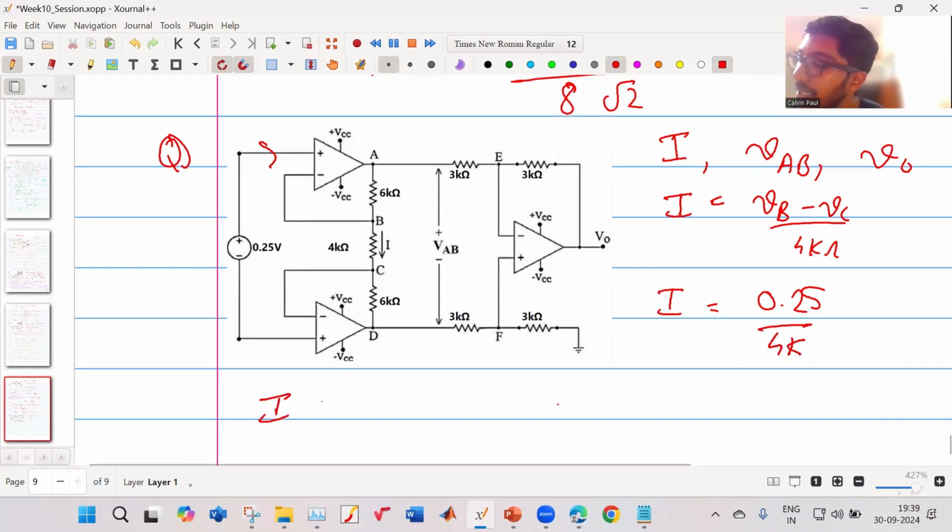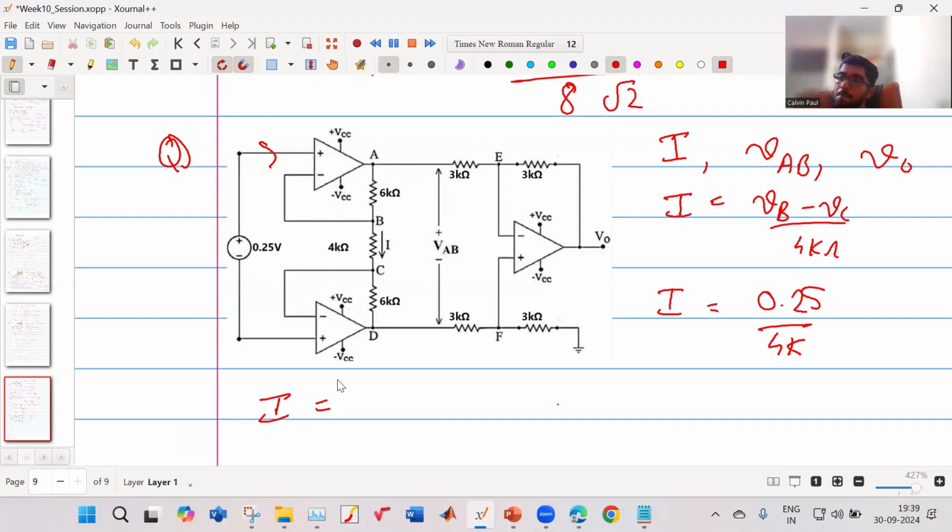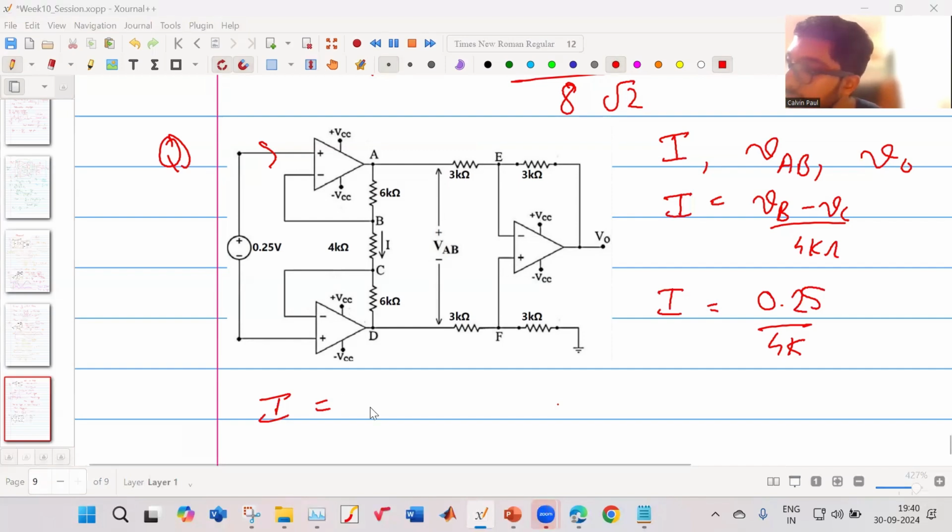So how much is your current in milliampere? It will be 0.0625 milliampere. Okay.